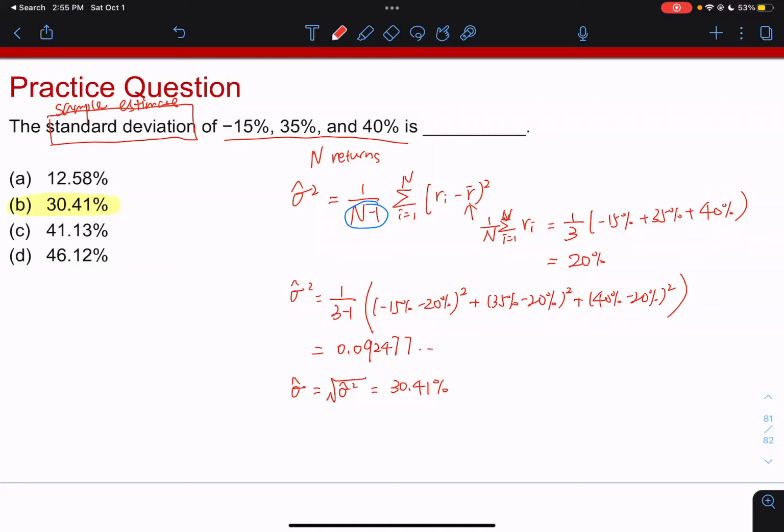Strictly speaking, when someone asks you for the standard deviation, he or she should give you all the probabilities of the states of the world. But here it's not given, because in practice, sometimes people just call the sample estimate directly the standard deviation, or the expected value. That's okay, but you have to keep in mind that the sample is just a proxy, and the sample has its own sample formula to do that.